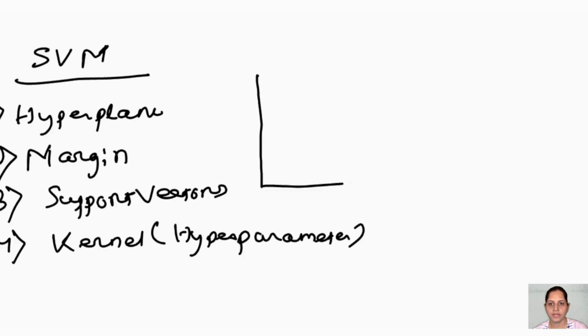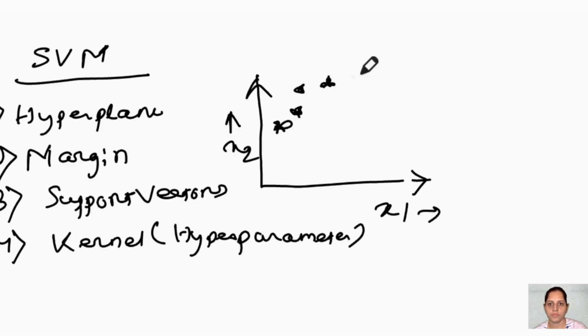So for that, if you have two axes, this is my x1, this is my x2, and suppose I have two classes. First, I have the star class, and I have the triangle class.